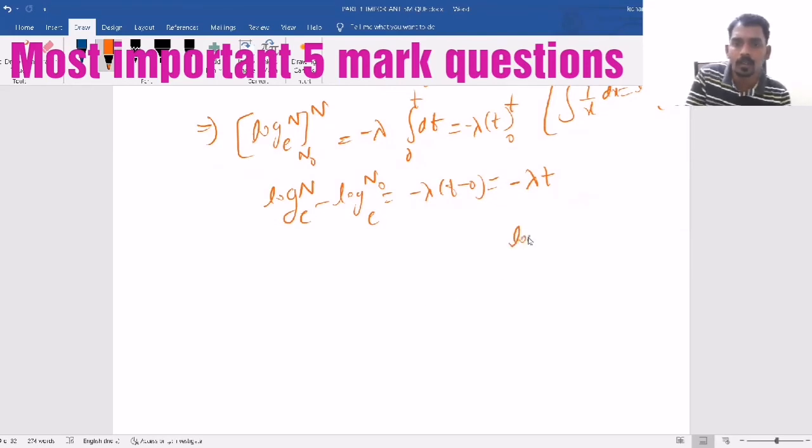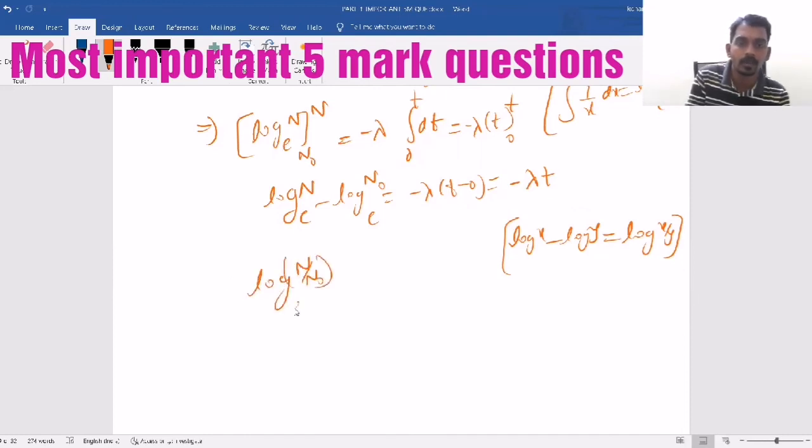Now here one more formula we use: log x minus log y equal to log of x by y. In a similar way, here log N minus log N naught will become log N by N naught base e equal to minus lambda t. And one more formula we will use here: log x base e equal to y means x equal to e power y.